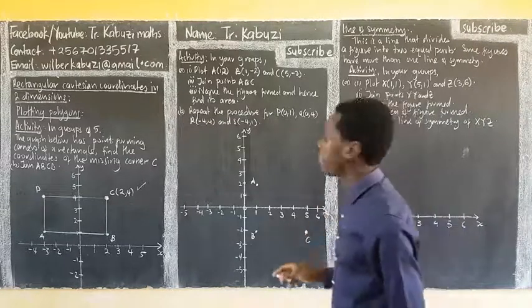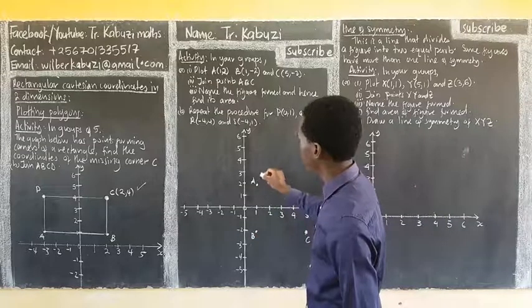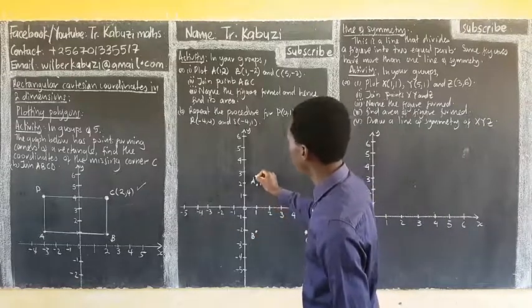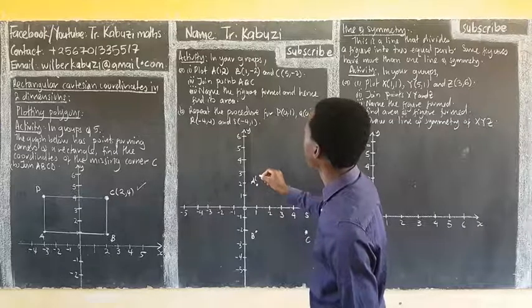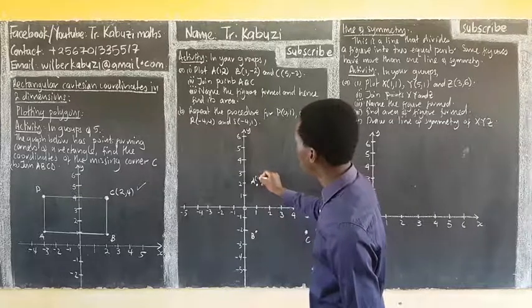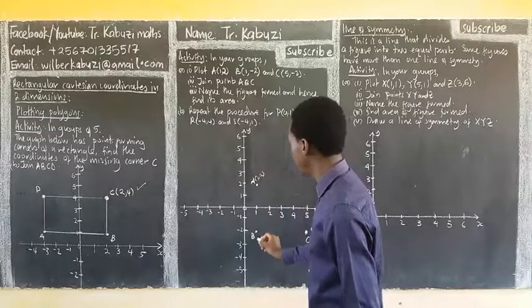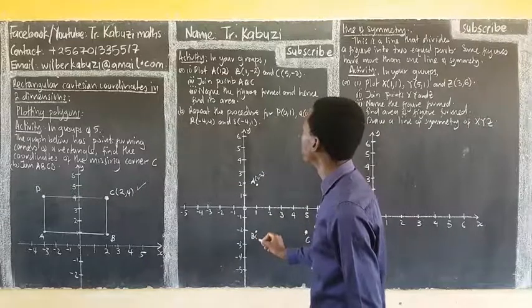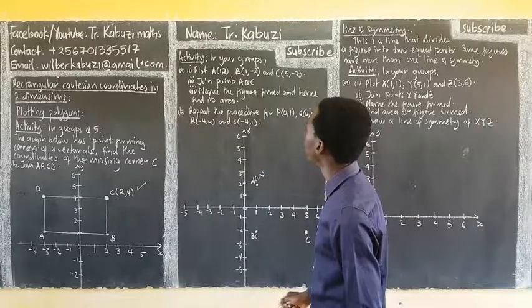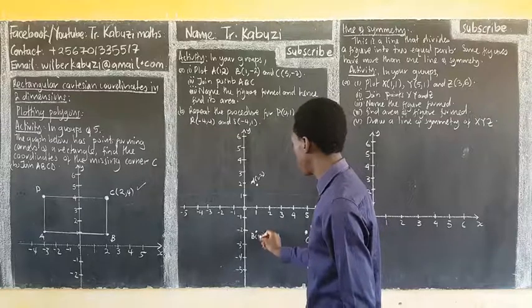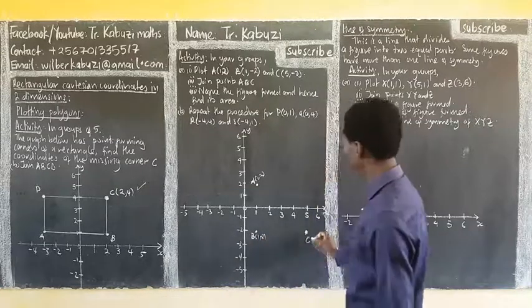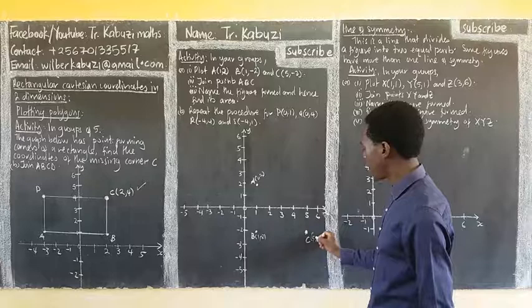Okay, so for correct plotting, you give a tick here. They should also indicate that this is 1, 2. This is 1, negative 2. And then this is 5, negative 2.